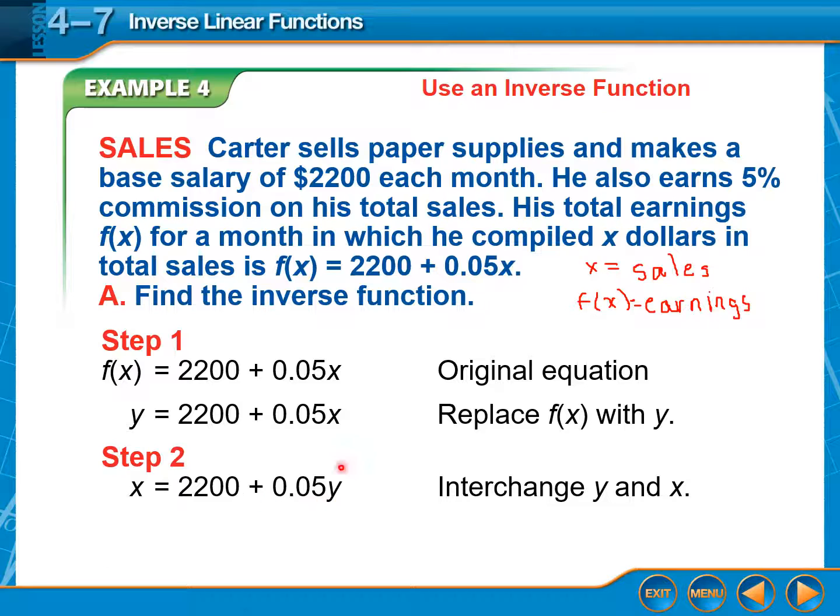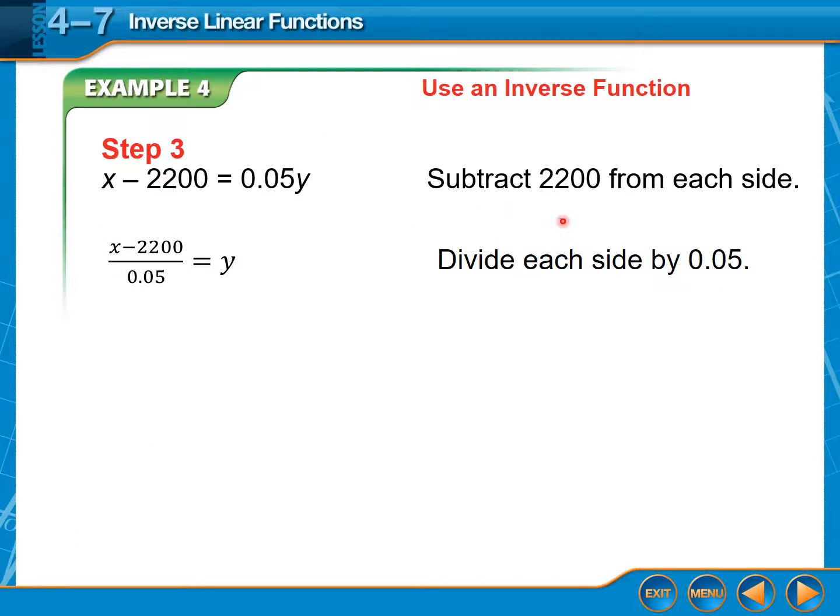And now we take this new equation and we resolve it so that it's back to y equals everything else. So step 1, we need to get rid of this 2,200 and move it to the other side. Right now it's positive, so I need to subtract it from the other side of the equation. So it becomes x minus 2,200 equals 0.05 times y.